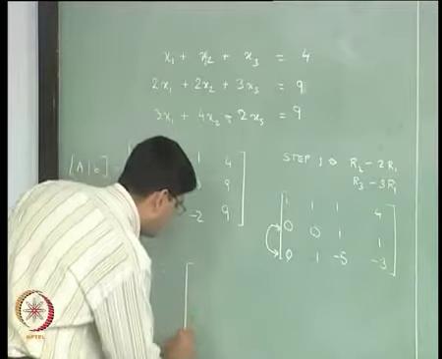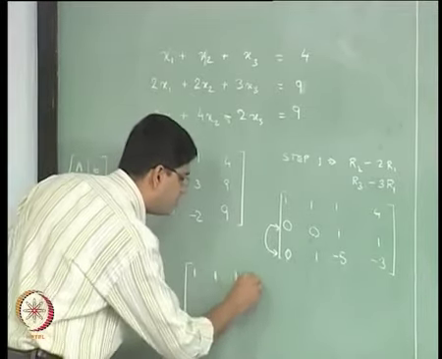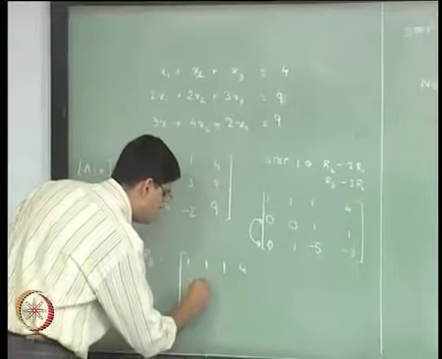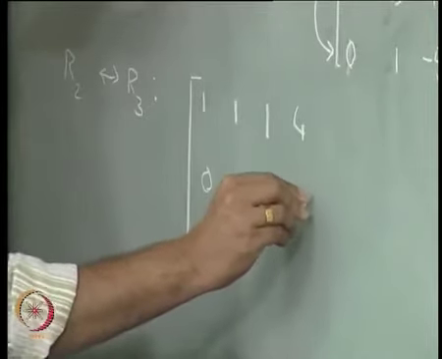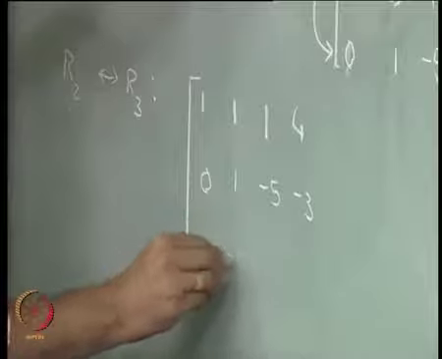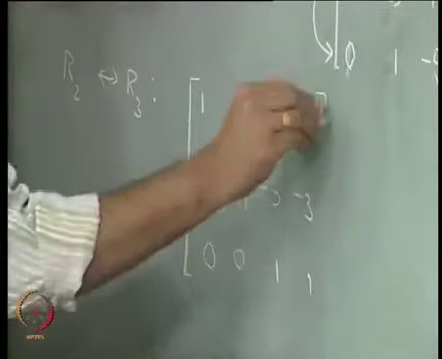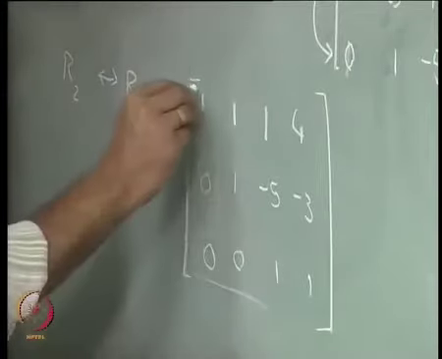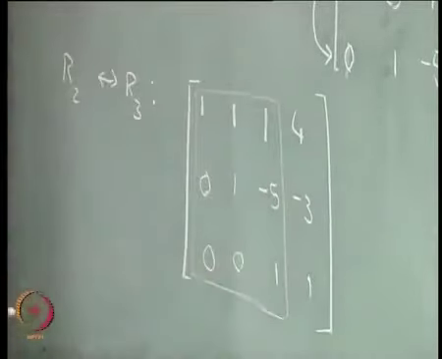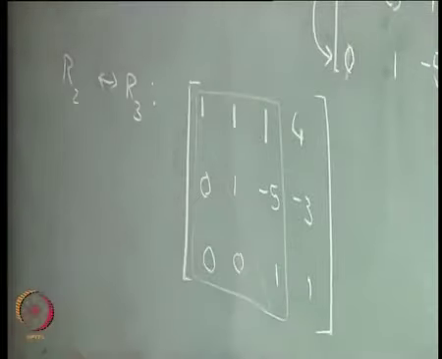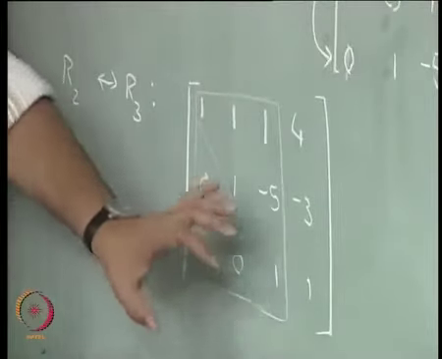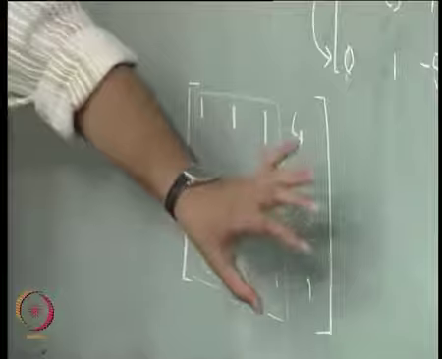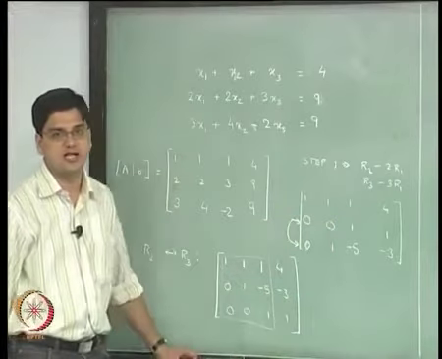When we interchange row 2 and row 3, what we will get is 1 1 1 4, 0 1 minus 5 minus 3, 0 0 1 1. And now if we look at this particular A matrix, it is in the upper triangular form. Because this matrix is in the upper triangular form, we can go ahead and start using back substitution at this step.